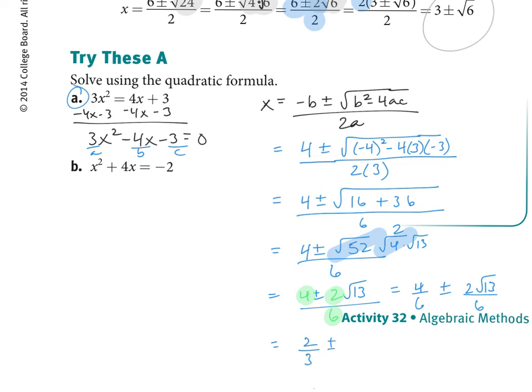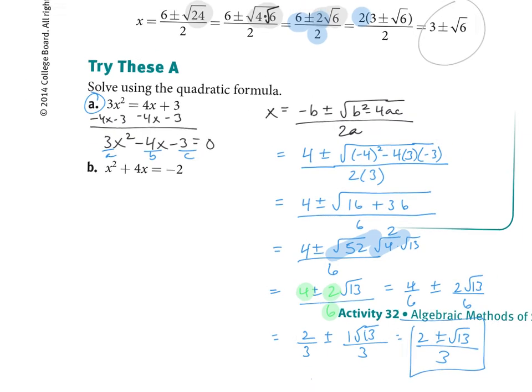And let's reduce 2 over 6, right? That's going to be 1 square root of 13 over 3. So both of them have a denominator 3. We can put those two together. That's how we're able to get 2 plus or minus the square root of 13 over 3. And that is going to be our exact result.